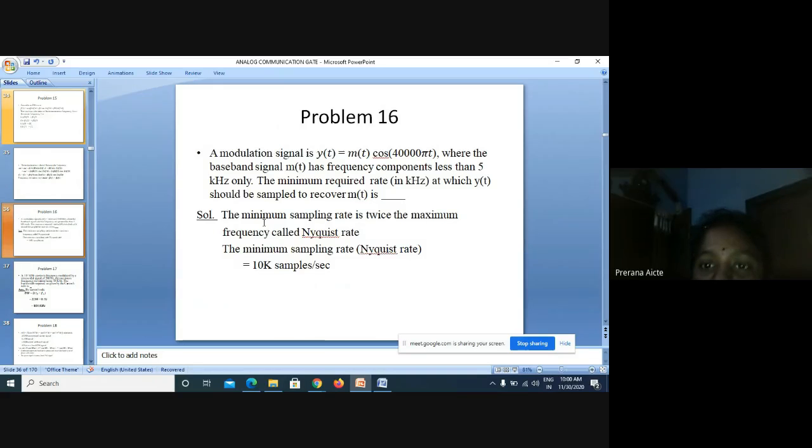In this question, the maximum frequency component of the message signal is 5 kilohertz, so the minimum sampling rate is 2 into 5k, which is 10k samples per second. That means if we sample at a rate of 10k samples per second, we can reconstruct our original message signal.